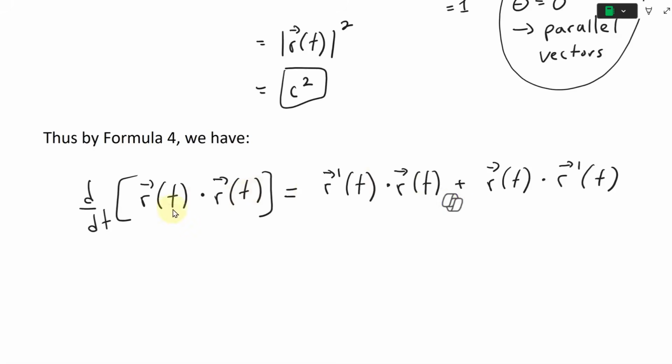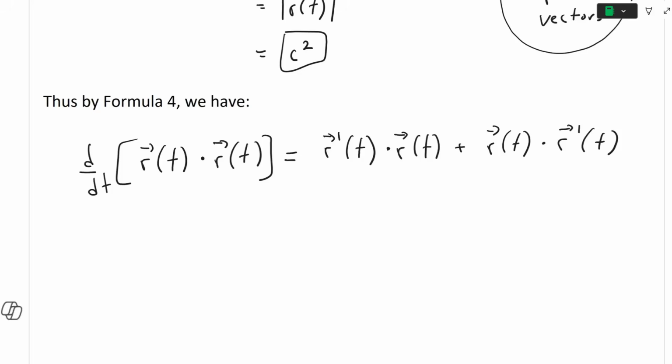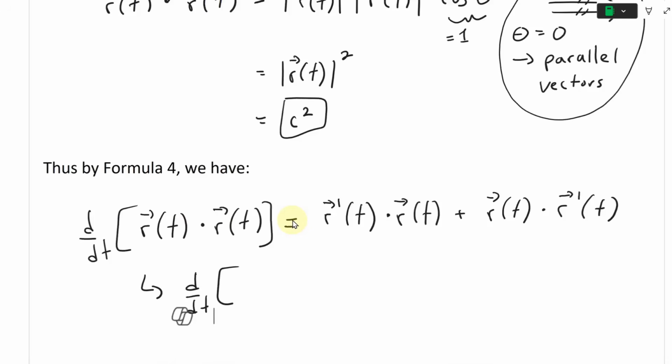So before we get to that, we know the derivative of r dot product by itself is d over dt of c squared, and the derivative of a constant is just 0.